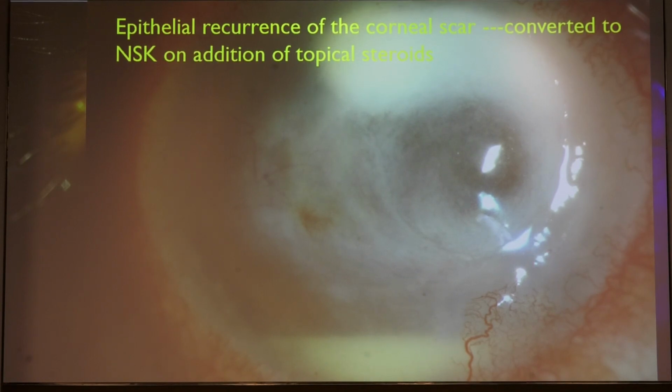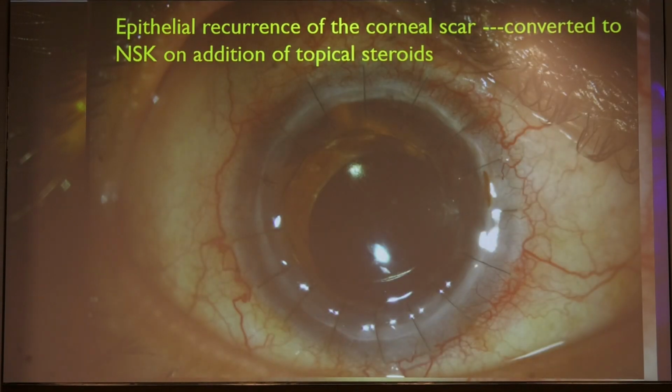So this is always a lesson to everybody: if you are dealing with a geographical or dendritic ulcer, do not use corticosteroids, because then the cornea can behave like that. Fortunately for this patient, we could save the eye by doing a patch graft and later keratoplasty.